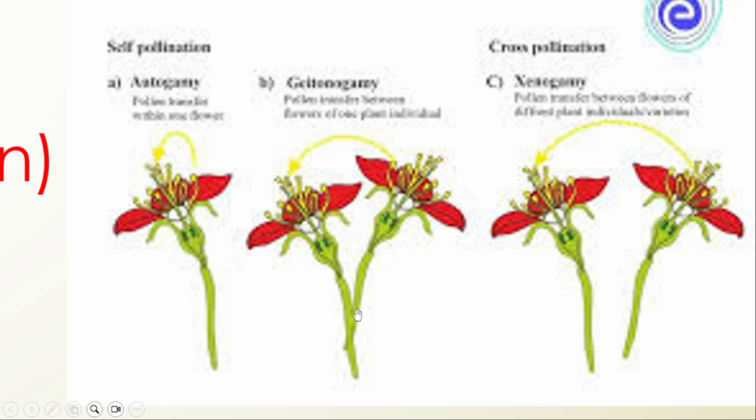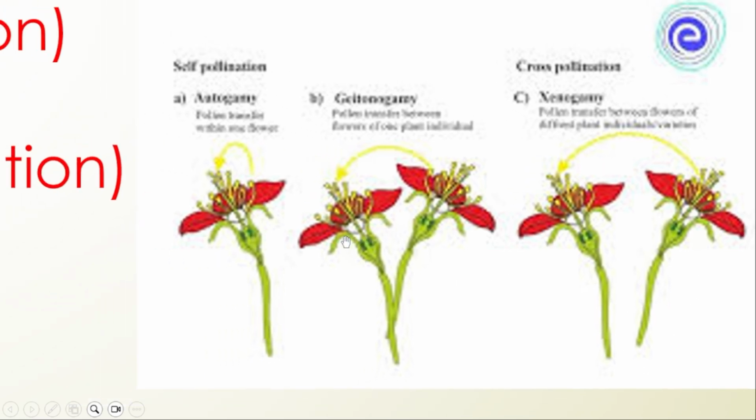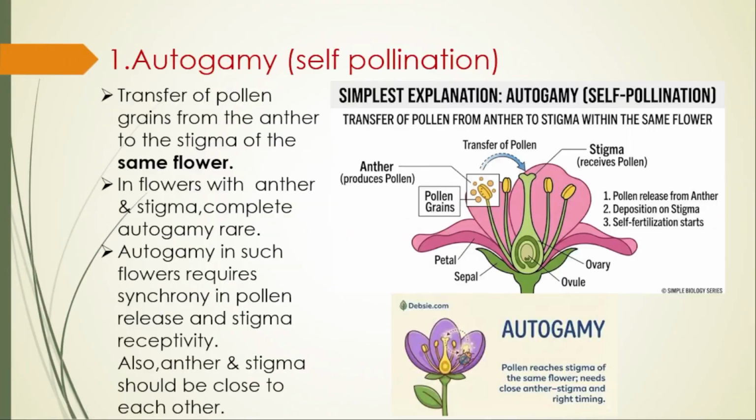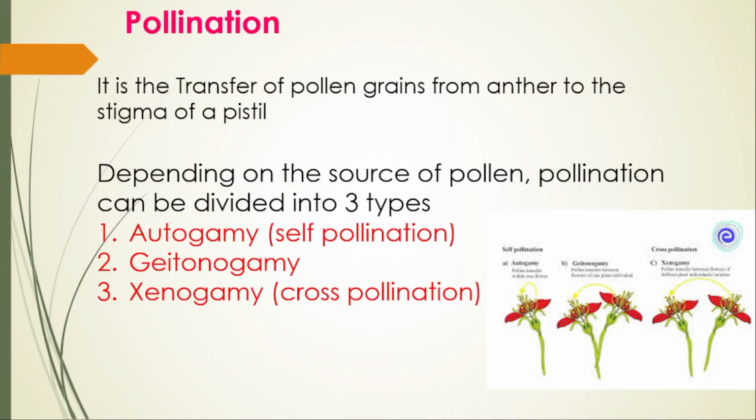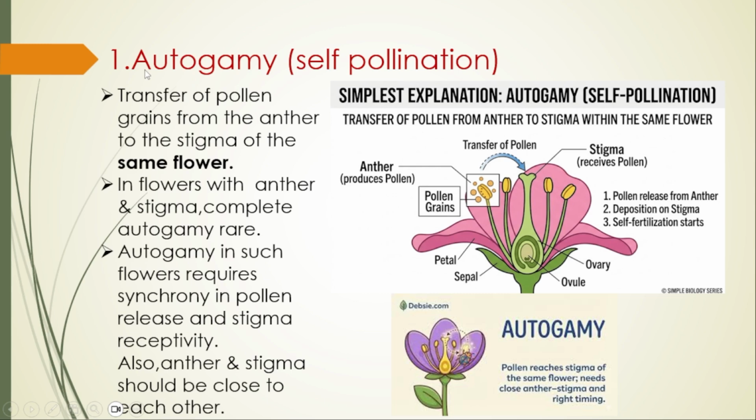This is the same plant, isn't it? Same plant but the flower is different. Next, xenogamy. If pollen grain is transferred from one flower to another flower of a different plant, this is one plant and this one is a totally different plant. So like this, three types of pollination are there. We will come to know the details here.